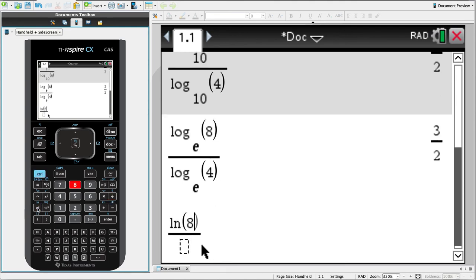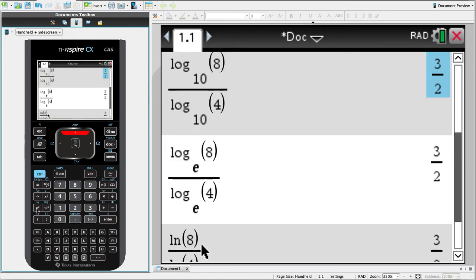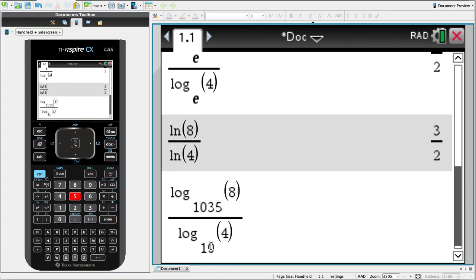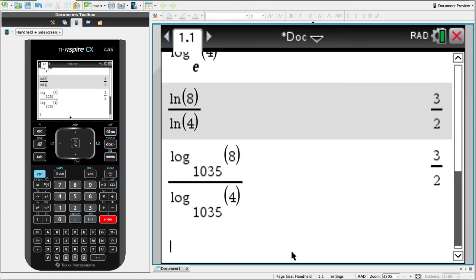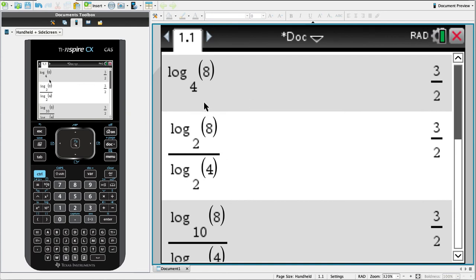So the natural logarithm of 8 divided by the natural logarithm of 4 gives us 3 over 2. And I can use any base that I want. I could use base 1035, as long as the base lies between 0 and 1 or greater than 1. So I'm getting the same answer of 3 over 2, which ultimately is the simpler version of log base 4 of 8.